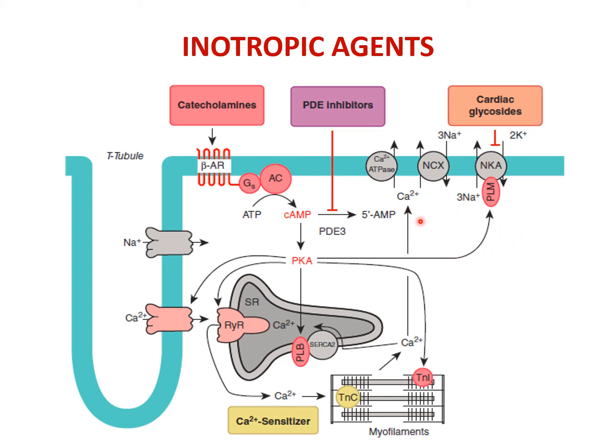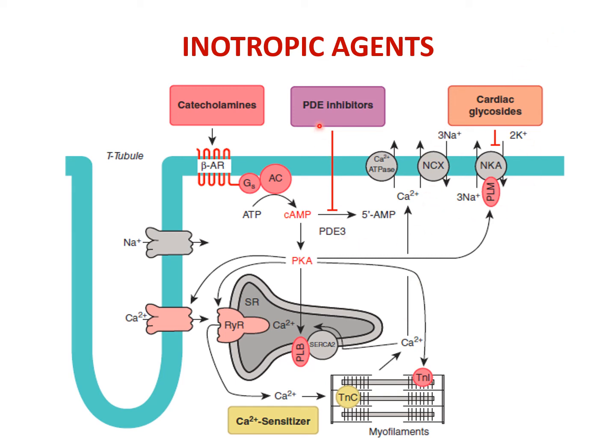More sodium inside will block the sodium calcium exchanger, thereby decreasing the efflux of calcium. Since there is more sodium inside, the sodium calcium exchanger will not work, and there will be an increase in the cytosolic calcium level, which leads to increased myocardial contractility. This is the mechanism of action of cardiac glycosides.